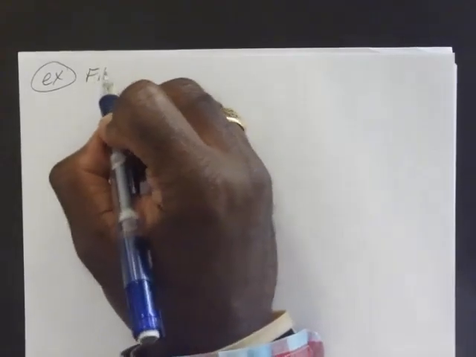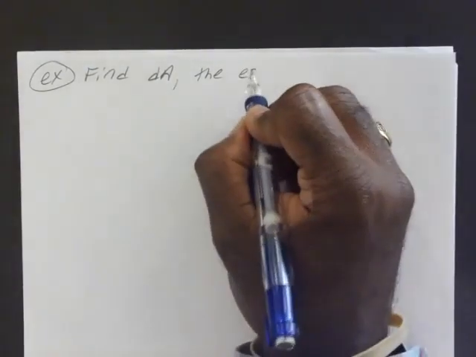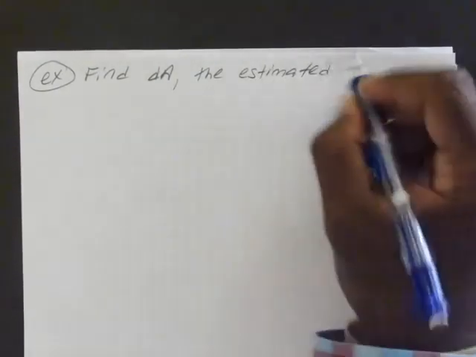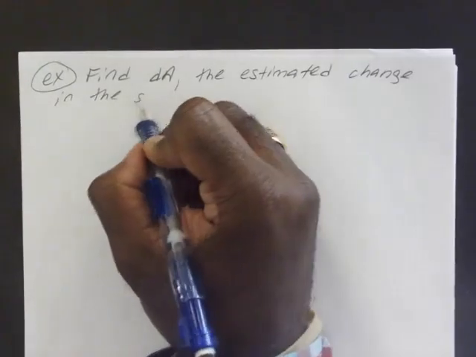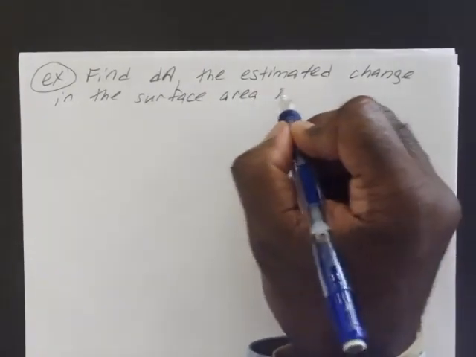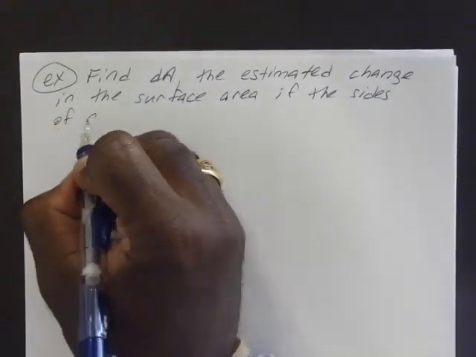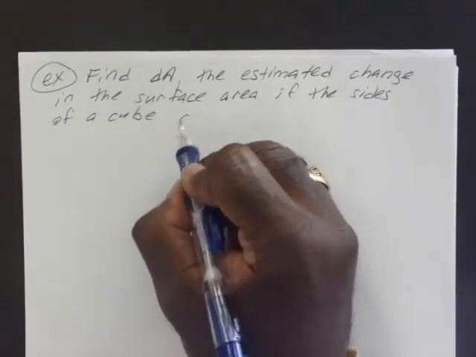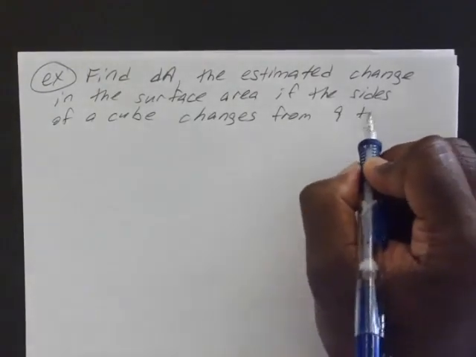So let's say if we wanted to find dA, which is the estimated change in the surface area, if the sides of a cube change from 9 to 9.2.